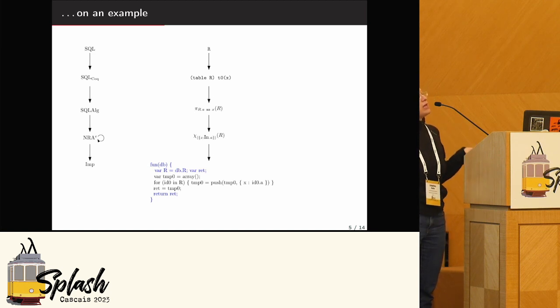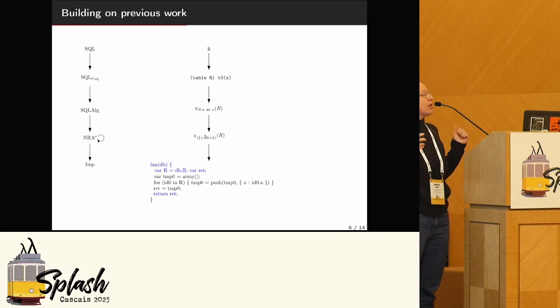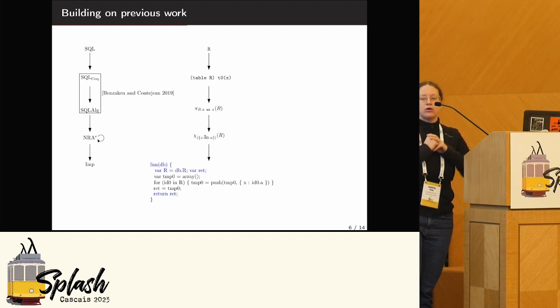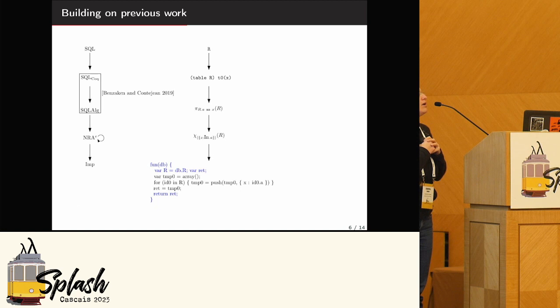It's actually based on two previous works. The first one is the compiler from SQL to SQL Coq, which has been designed in order to have a very precise semantics of SQL with nulls and correlated queries.